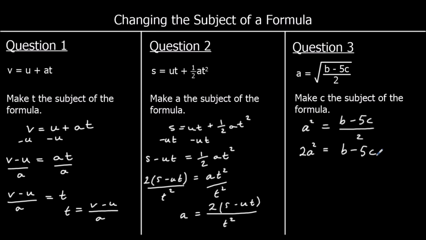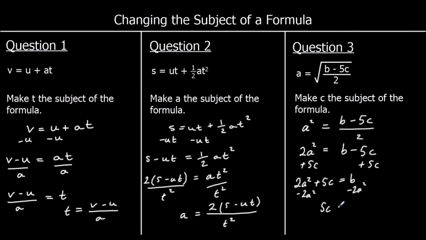Now I'm going to make my c term positive because I don't want to divide by a negative number at the end. You don't have to do this, but it just looks nicer as an answer. So plus 5c to both sides. So 2a squared plus 5c equals b. Then subtract 2a squared from both sides.